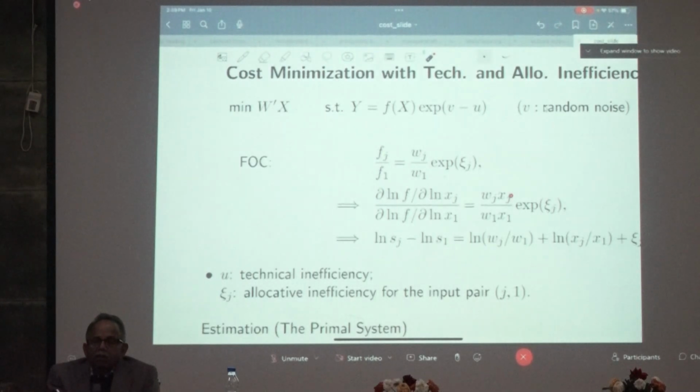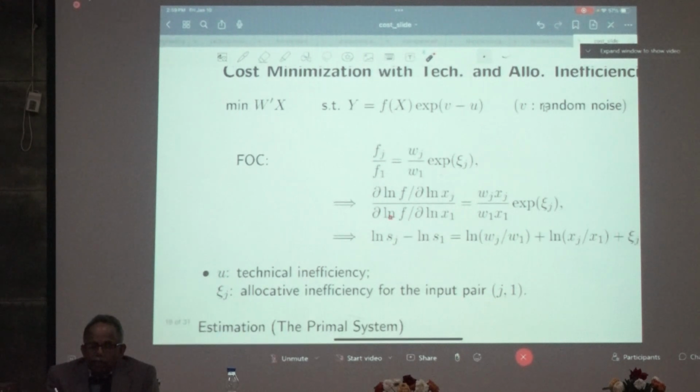Okay, just simple algebra. And again, this is log of s of j, the factors here, minus log of s of 1, and if you take a log after, so again this is log of wj over w1, this is beta plus log of xj over x1, and then plus epsilon j.